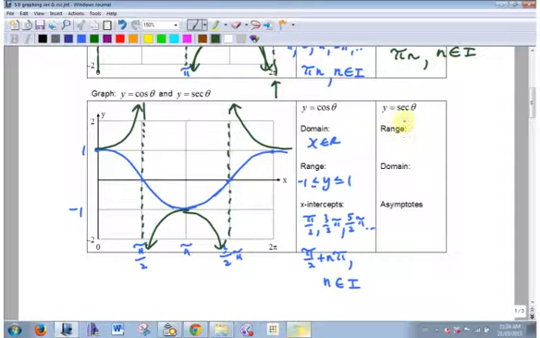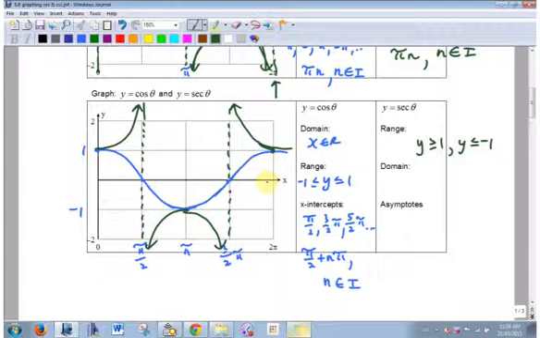Okay, so what's the range of secant here? All the values of y greater than, that should touch that point, or equal to 1 and less than or equal to -1. Same thing. Okay? What are the x values of the green lines?